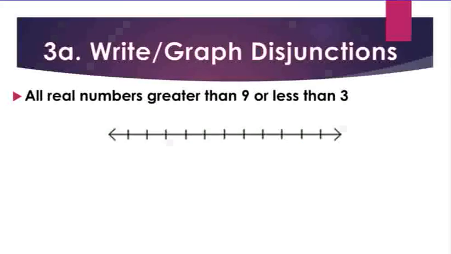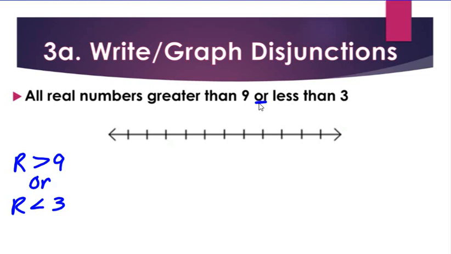Moving to disjunctions. So they don't have anything in common, so they use the keyword or. So real numbers have to be greater than 9, or real numbers are less than 3. And for disjunctions, you can't combine them.